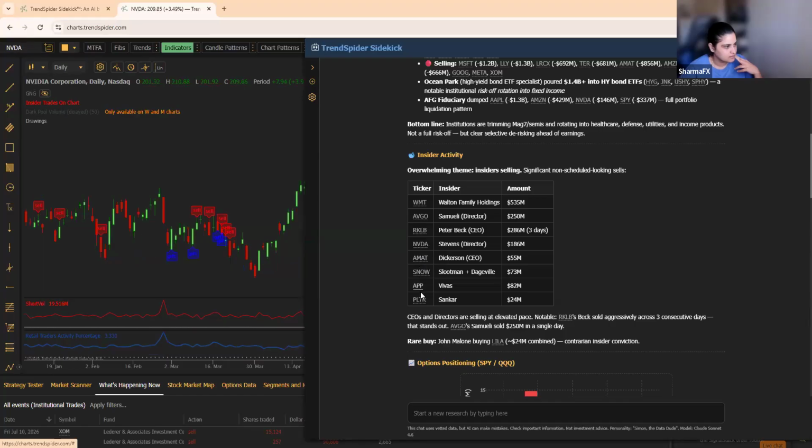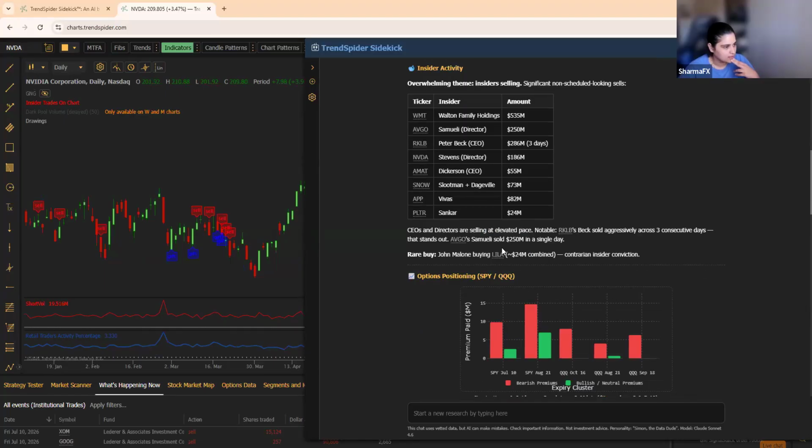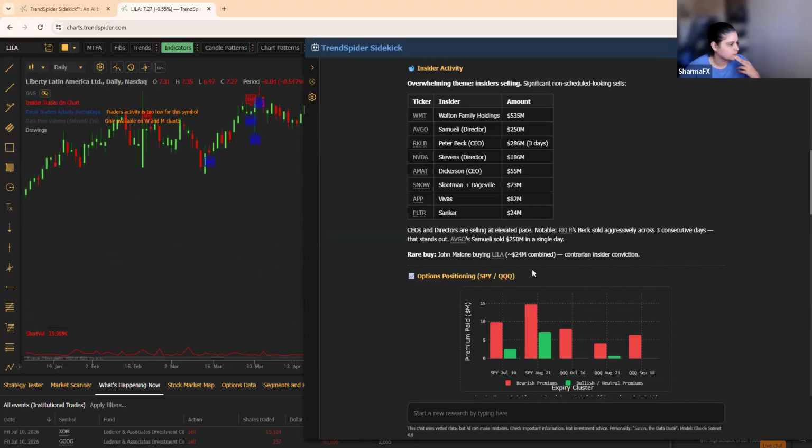Nvidia. So it seems like a lot more profit taking is happening, with CEOs and directors selling at an elevated pace. Rocket Lab sold aggressively across 3 consecutive days. And then a rare buy with 24 million combined worth.